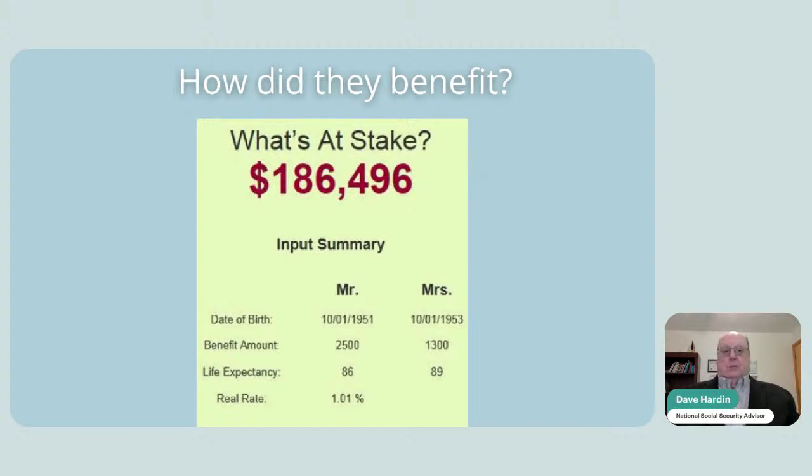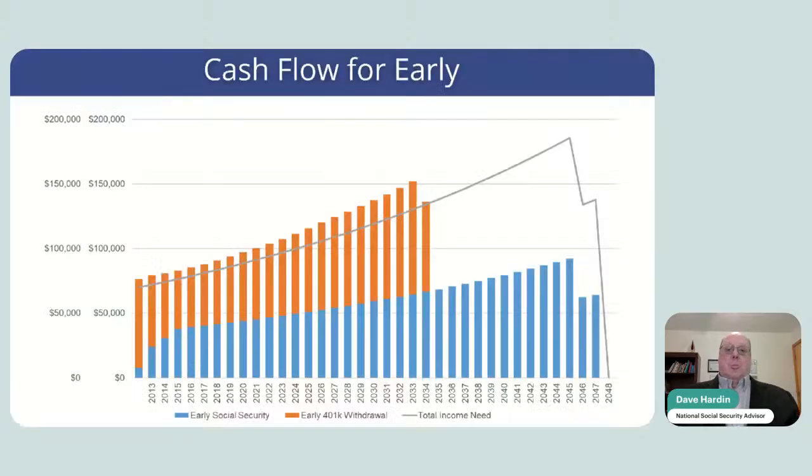Here's what this looks like. If they retire at 62 and take their Social Security, this is a cash flow. The blue bars are their Social Security. The orange bars, so they're 752 grand. The angled black line, that's the $70,000 inflation-adjusted income year after year.